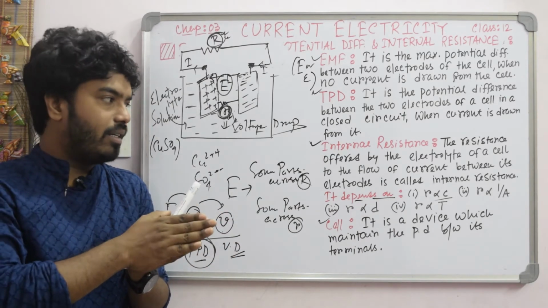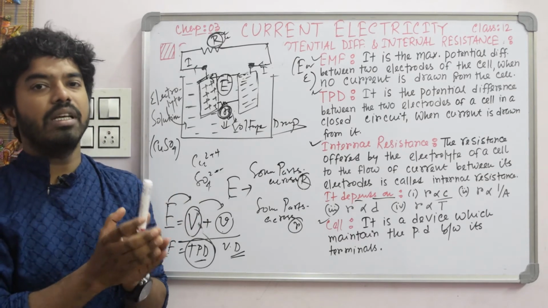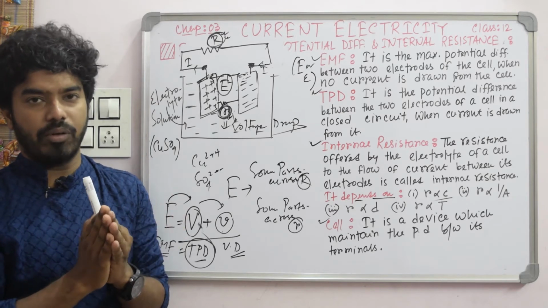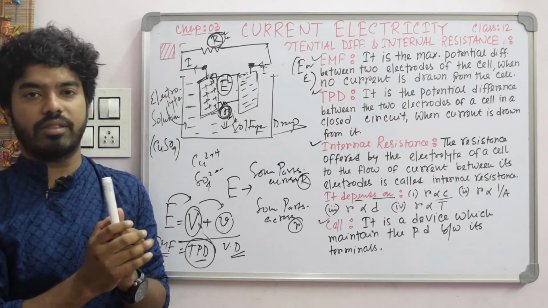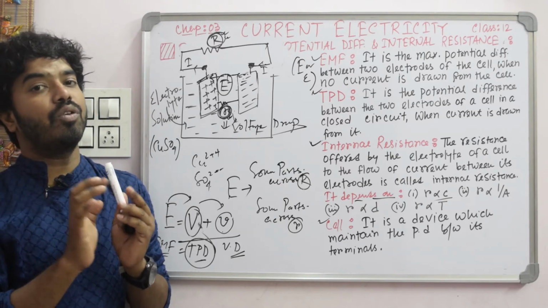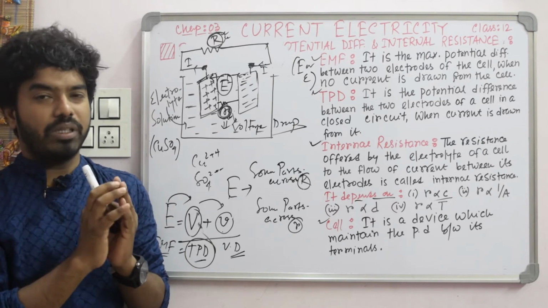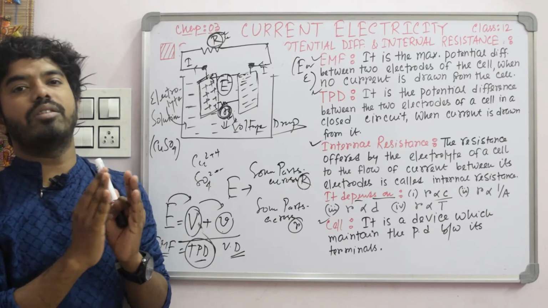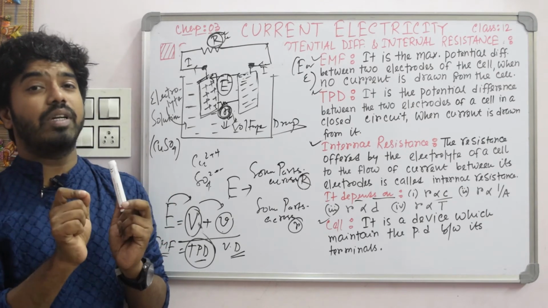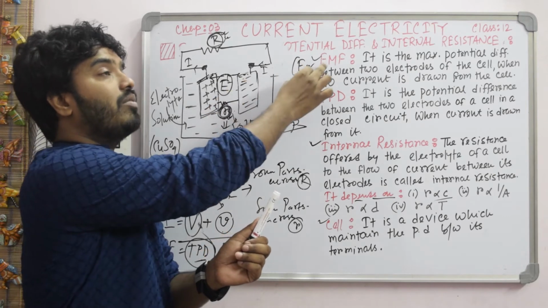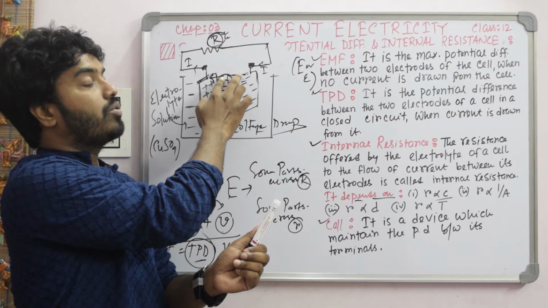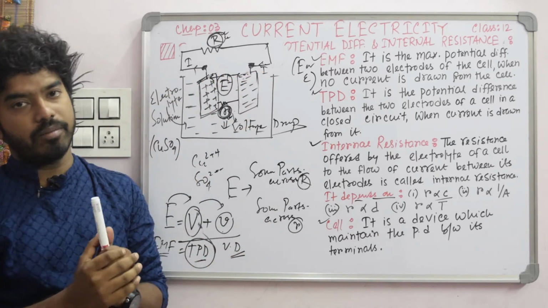But in general, with respect to external resistance, internal resistance in a circuit is very small, but obviously there is some internal resistance, and it exists when there is a flow of current through the circuit. When there is no flow of current, there is no internal resistance, and the potential difference across the 2 electrodes is known as EMF. When there is flow of current, the potential difference across the electrodes is known as the terminal potential difference.